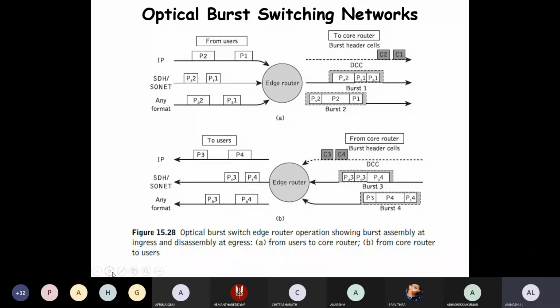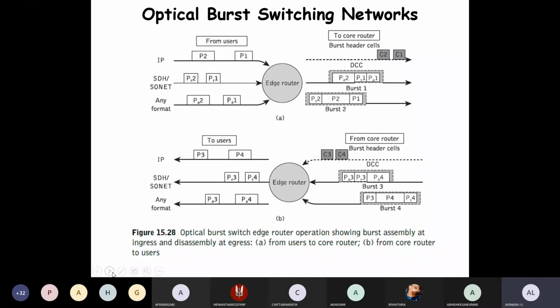You can use this when you're using IP, SONET, or any other format. From the users it is P2, P1, that is packet 1, packet 2 like that. P represents packet. Why is the edge router used? From the users, the data will be passed to the router through the edge router.